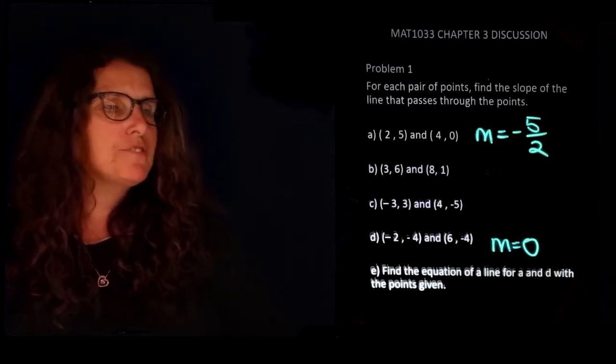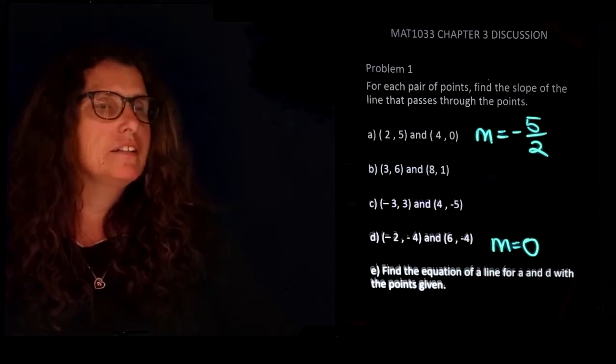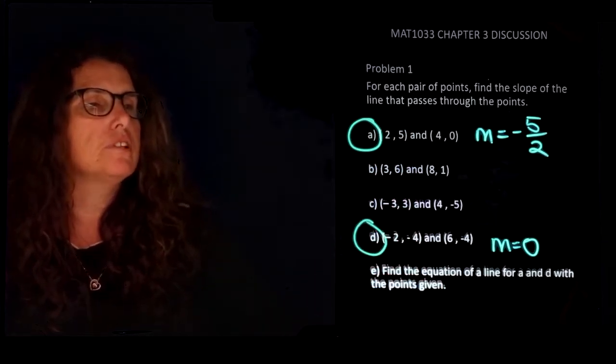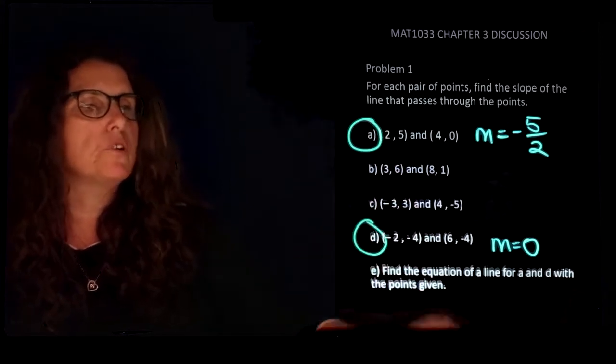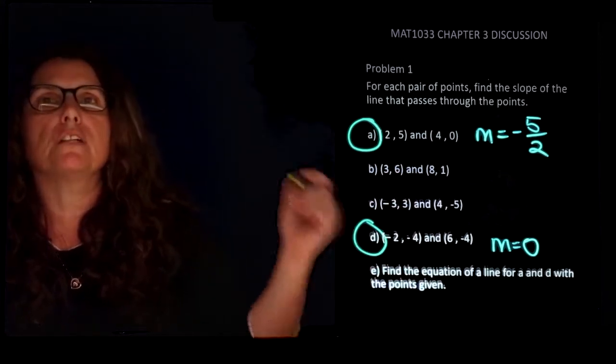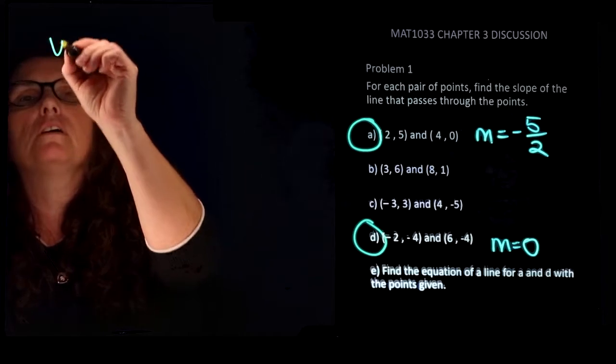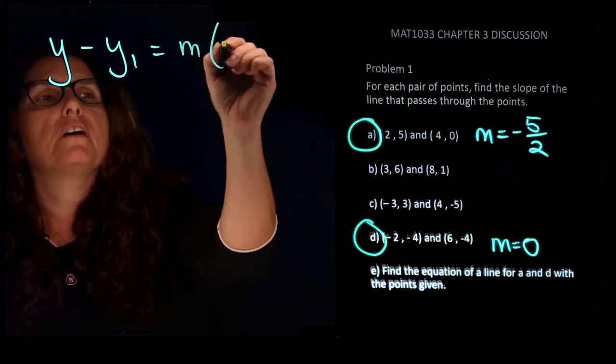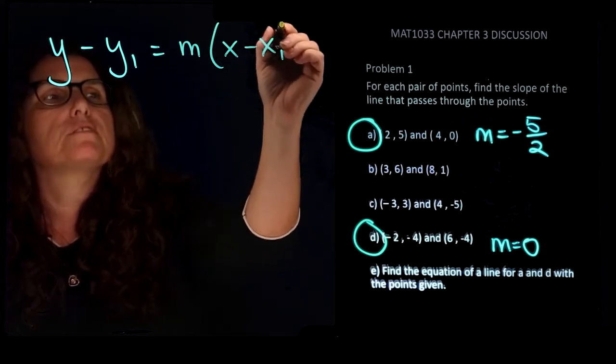The last step is to find the equation of a line, and we're looking at A and D. We're looking at the 2 points that are given for A and D to find the equation of the line. The formula is y minus y1 equals m times x minus x1.